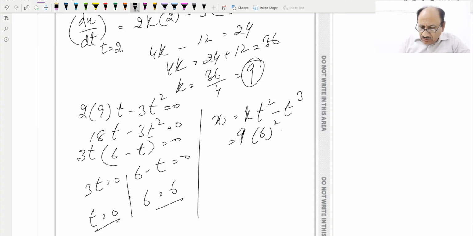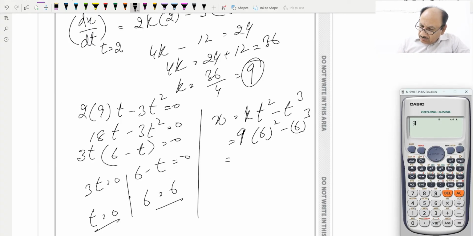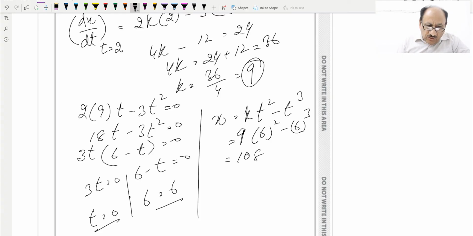So 9 into 6 square minus 6 cube, is equal to 108. So the x value will be 108, which is required.